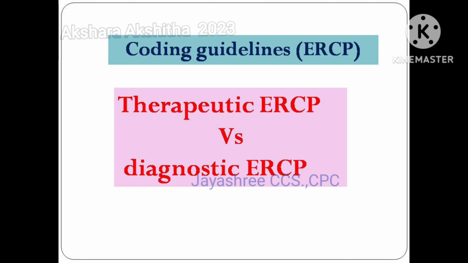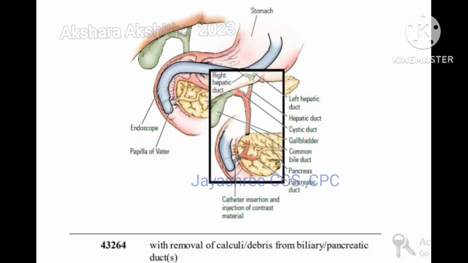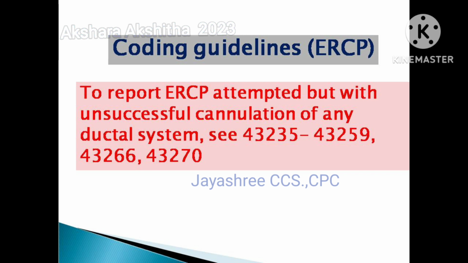Okay, next point is that ERCP is considered complete if one or more of the ductal systems is visualized, that is the pancreatic or biliary system. If it is visualized, then we can consider it a complete ERCP procedure. Then the next point: to report ERCP attempted but with unsuccessful cannulation of any ductal system, we have to code from 43235, 43259, 43266, 43270.